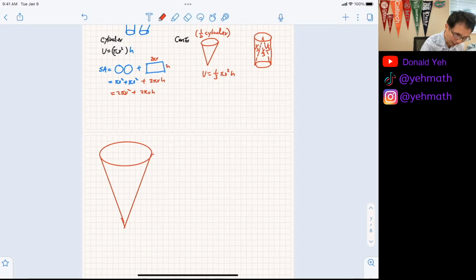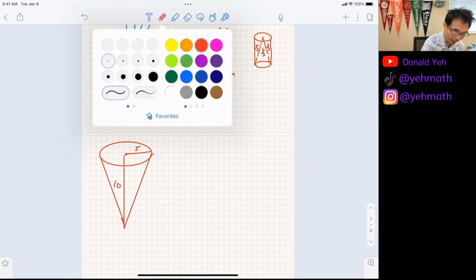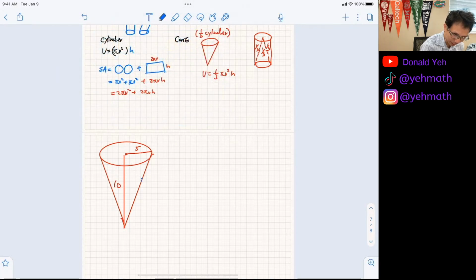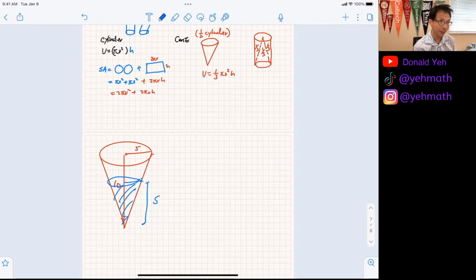So if I have this, say this is 5 and this is 10, and if I have water filled up to this moment, and we say the water height is 5, what's the radius? 2.5, which is half. So it actually creates a similar triangle here.